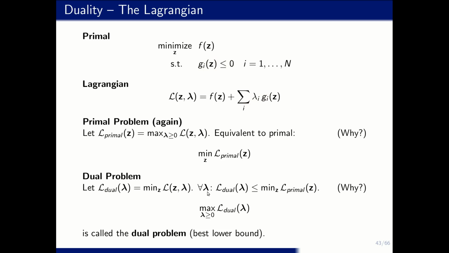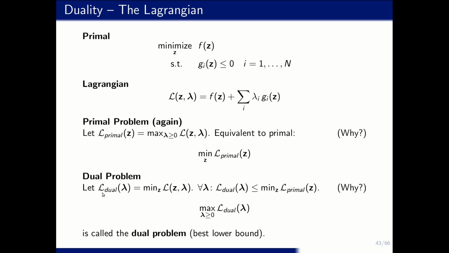So we still have the constraint that lambda must be larger or equal to 0, and this term will be negative. So this will be smaller than the minimum. So for any lambda, this will be smaller than the minimum value of the primal problem. This new function is, for any lambda, a lower bound for the original problem.